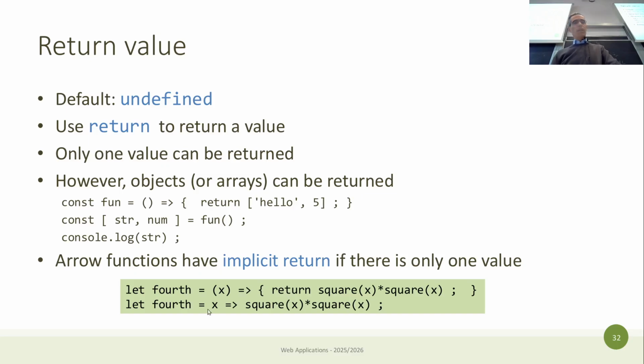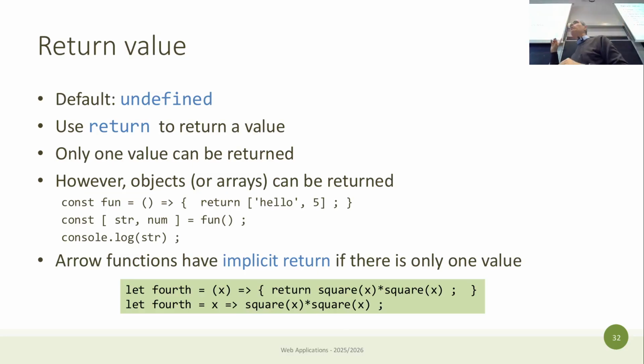And the most compact way of writing that arrow function is x without the brackets, because it's just one single parameter, and then automatically have a return value because the body of the function is a JavaScript expression, square x times square x. That has a value, and that will become automatically the return value.